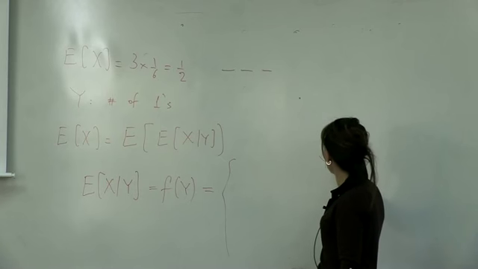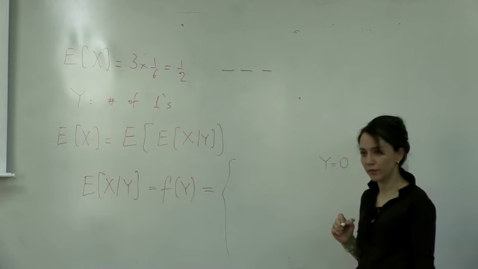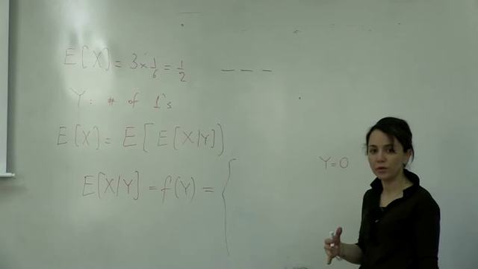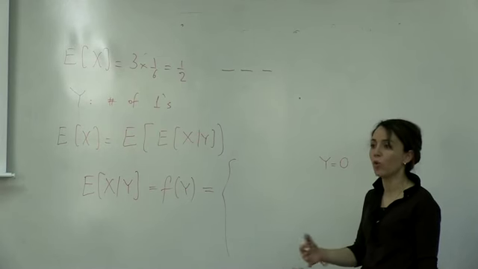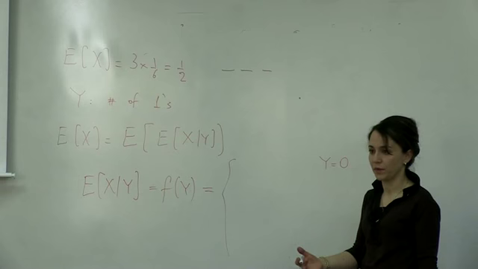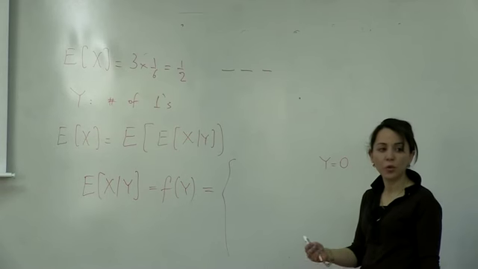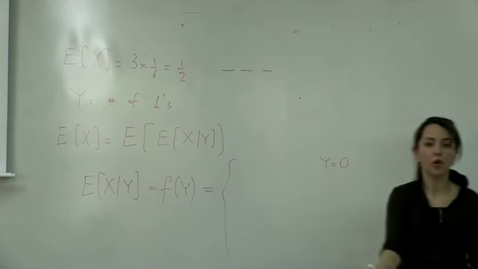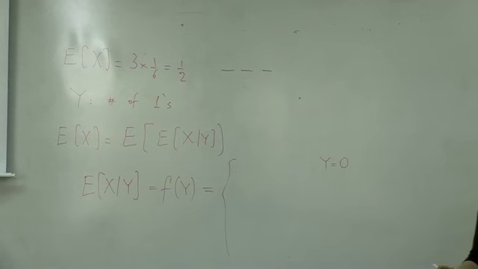When Y is 0, we know that there are no 1s. So given that there are no 1s, what is the probability that a trial results in a 6?